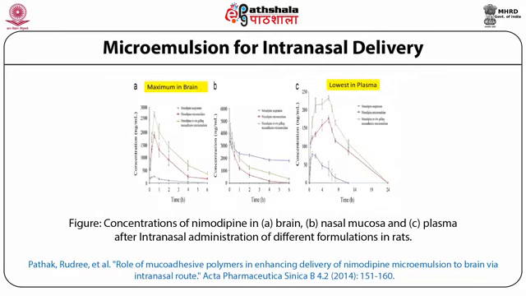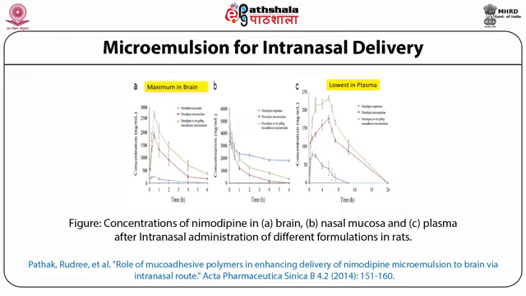When nimodipine was administered through the intranasal route in the form of microemulsion, nimodipine suspension, or in situ gelling mucoadhesive microemulsion, it was evident that maximum collection of nimodipine was in the brain and lowest was in the plasma.